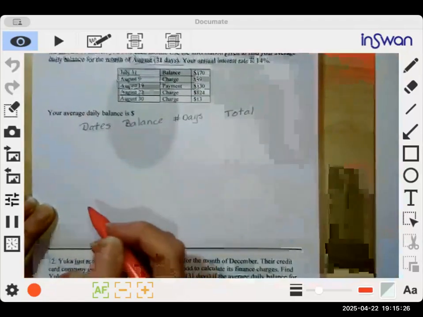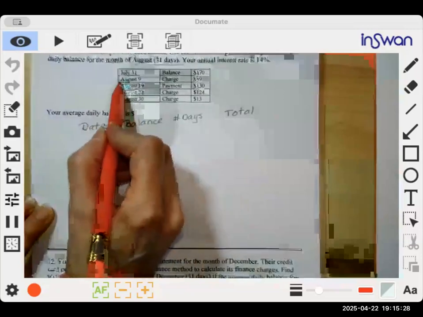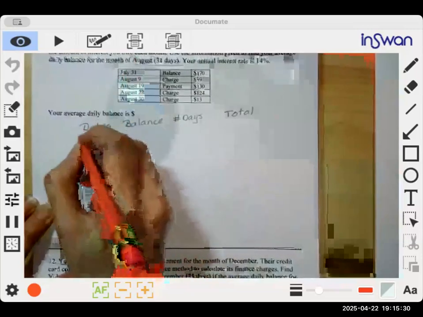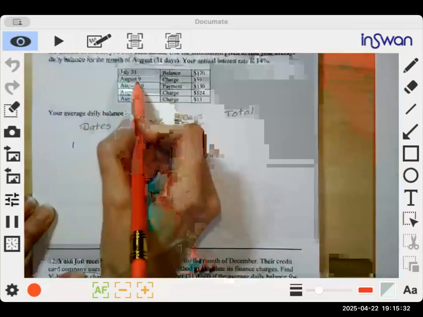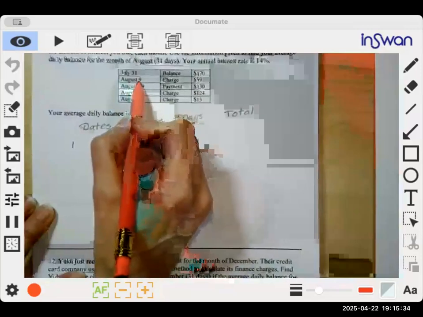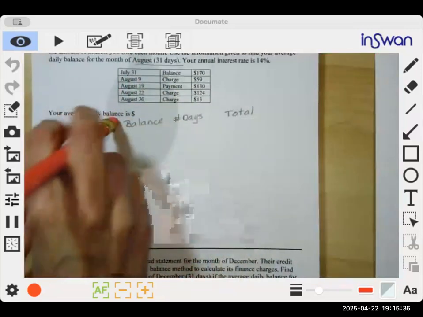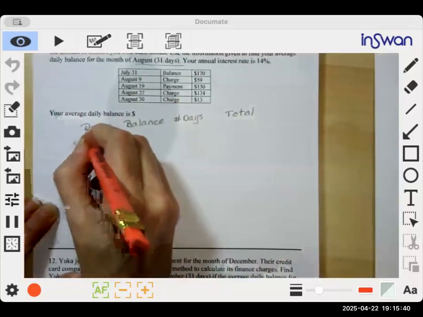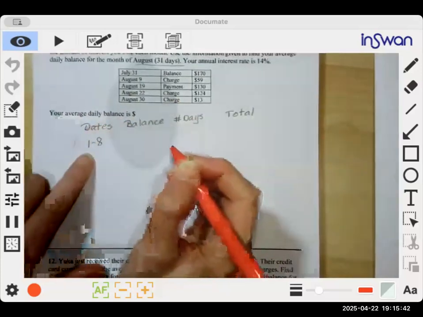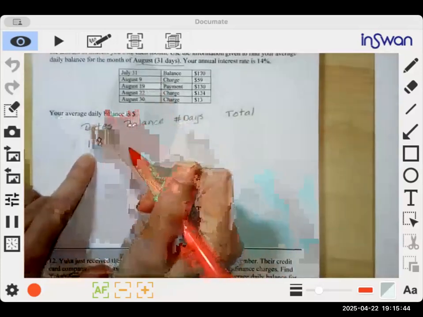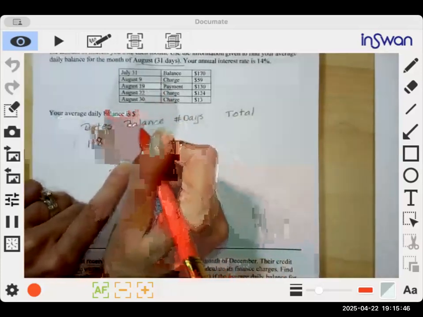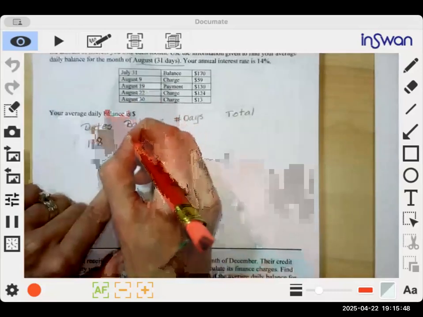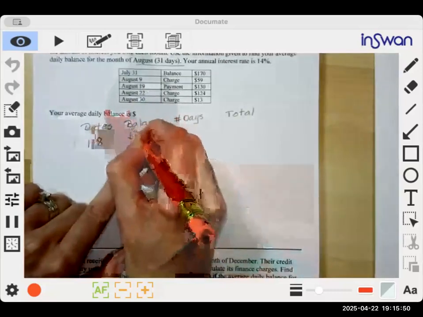All right. So we're starting on August 1st. And we're not going to the 9th. We are going through the 8th because the 9th it changes. So the 1st through the 8th, we have a balance of $170.